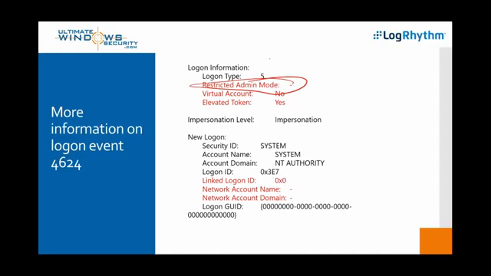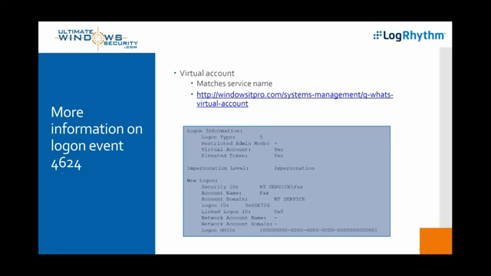So when we see logon type 10, then we would want to see restricted admin mode equal yes. So that's one thing that we could use for this: we are seeing remote desktop logons without restricted admin mode, and I'm assuming we're talking about admin logons.